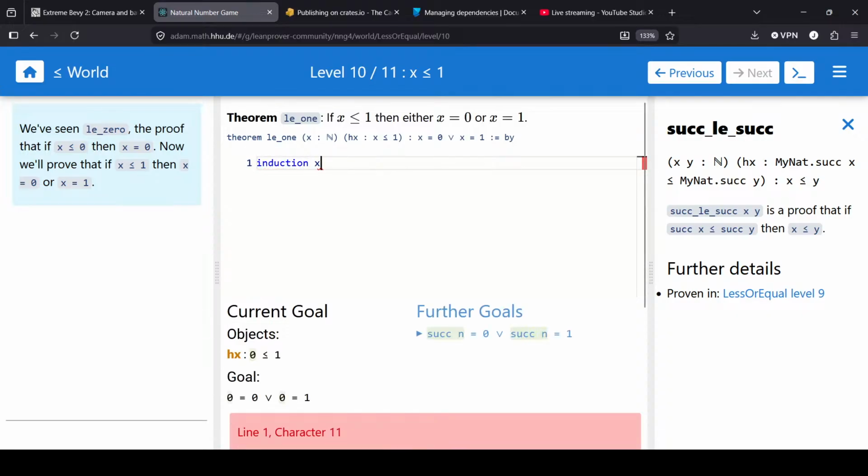Induction on x. I mean, that would keep my inequality, I guess, but no, then we just get that as our inequality. Is that useful? Well, that's not even of the right form. We don't have a suck on the left side anymore in this case. I guess we would have one in the other case, though.